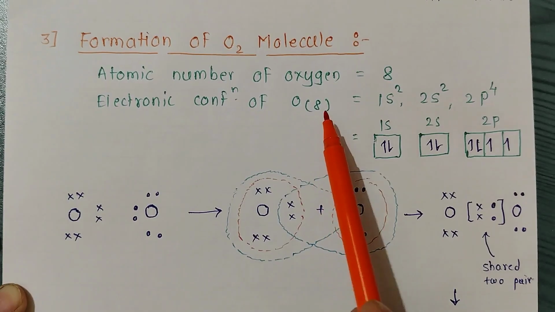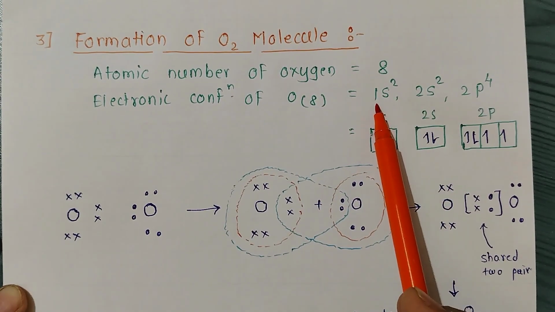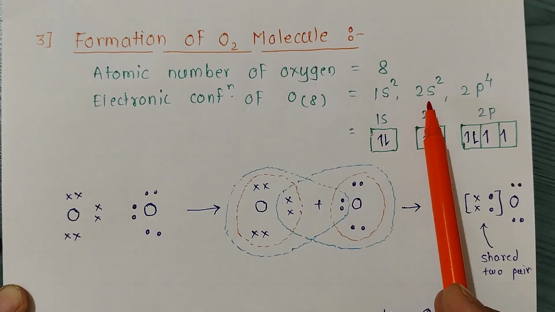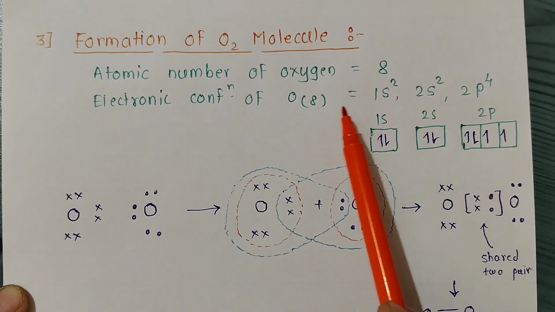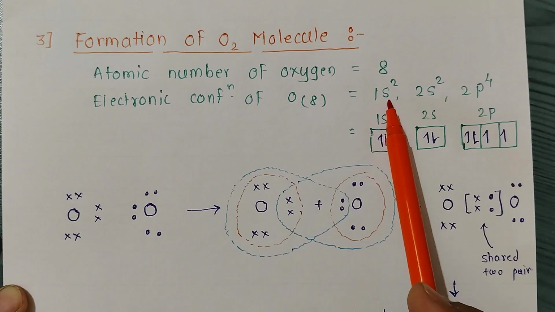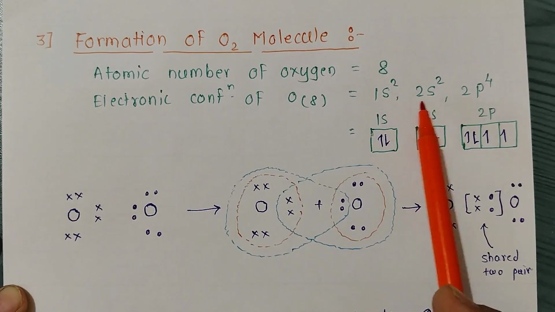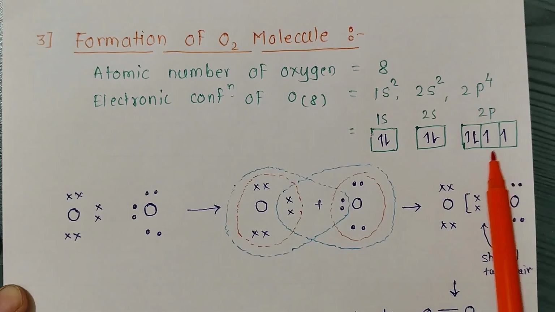Now we write the electronic configuration of oxygen. Then we can see the electronic configuration is 1s2, 2s2, 2p4. The electronic configuration of oxygen is 1s2, 2s2 and 2p4. This means in the 1s shell 2 electrons are present, in the 2s shell 2 electrons are present, and in the 2p shell 4 electrons are present.